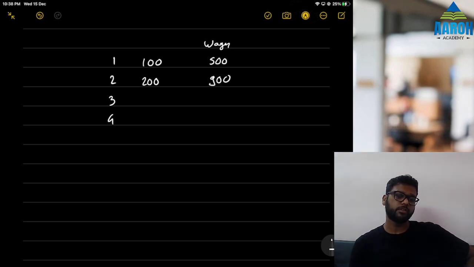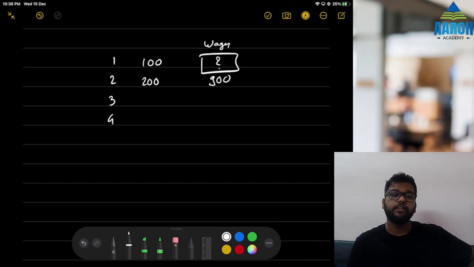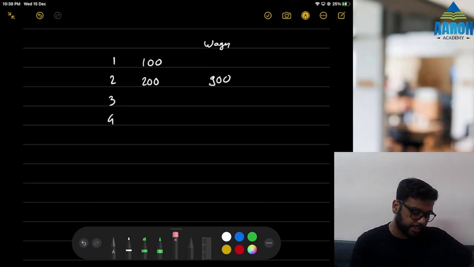Cross multiplication. Cross multiply, that's it. Real wages means we have to shift this 900 to first year. So if we cross multiply, 900 by 200 into 100 will be how much? Whatever it is, 450, right? So 450 will be the real wages. So always remember that it is always cross multiplication, ratios, nothing else.